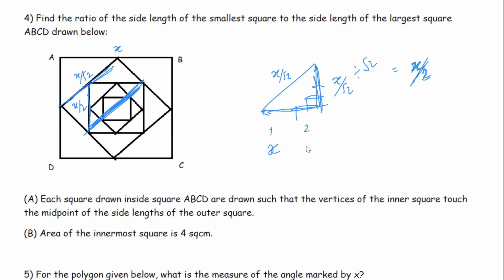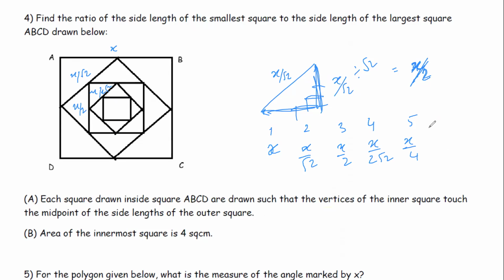So the first square is x, the second square side is x by root 2, the third square is x by 2, the fourth square is x by 2 root 2, so that root 2 keeps coming in. And then there is the fifth square. So there are five squares, 1, 2, 3, 4, and 5. The final one will be x by 4, since 2 root 2 times root 2 is 4.